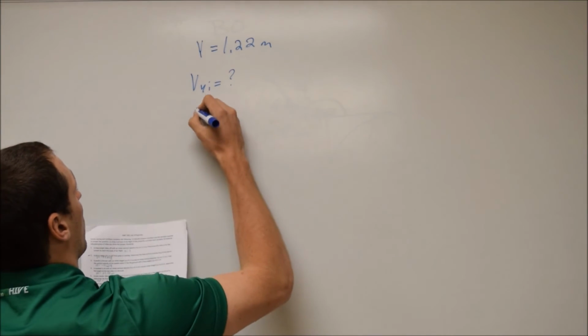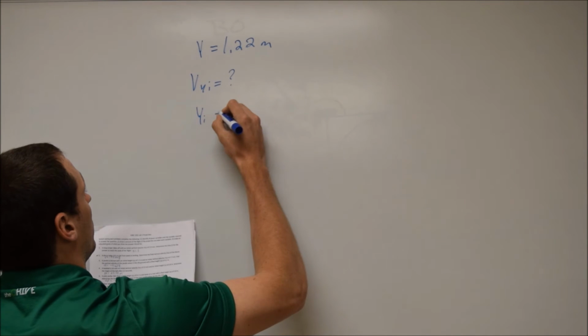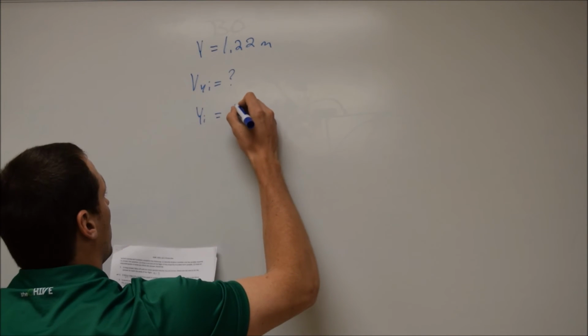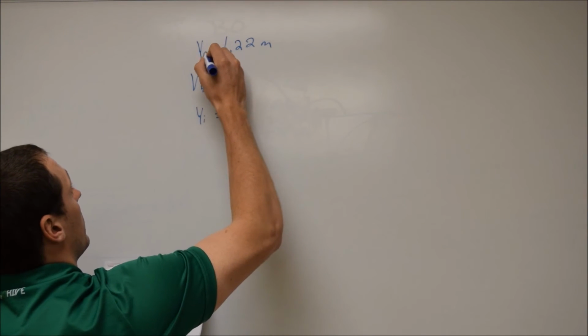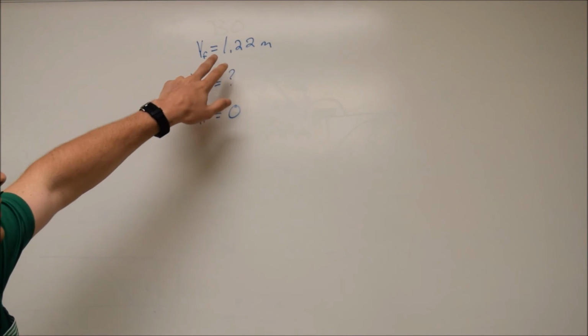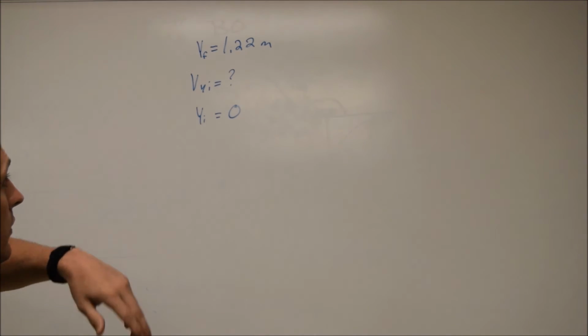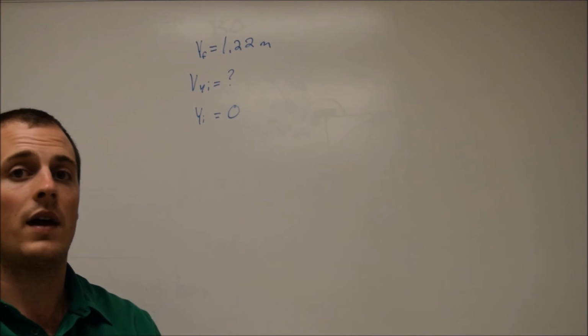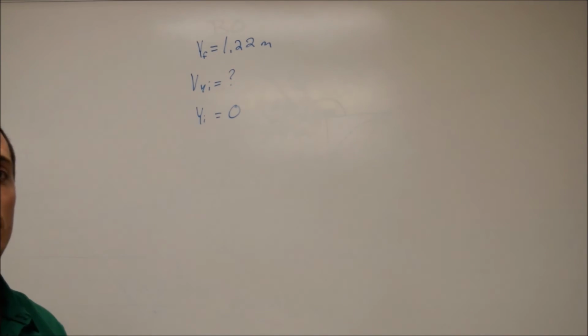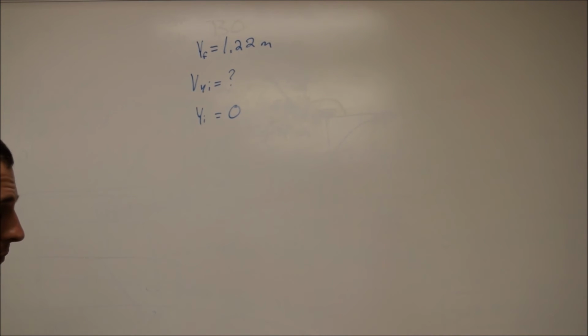And we have our y initial is equal to 0. This one here is our y final, so our y final is going to be 1.22 meters, and we need to figure out what velocity is going to be required to get from 0 meters to 1.22 meters.